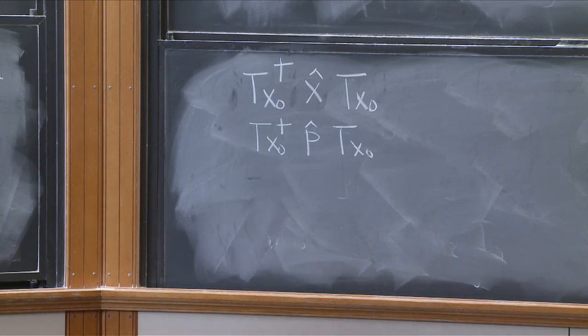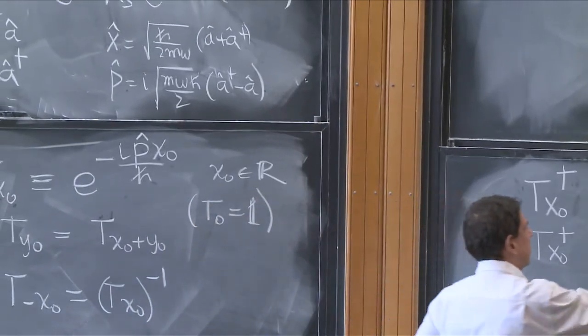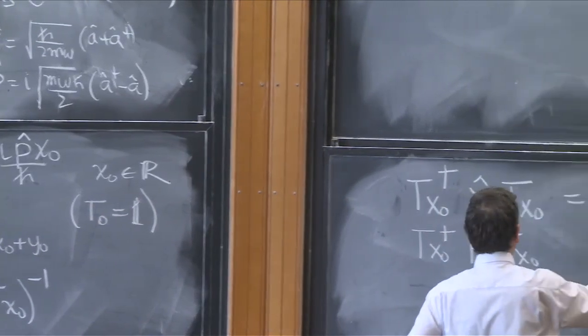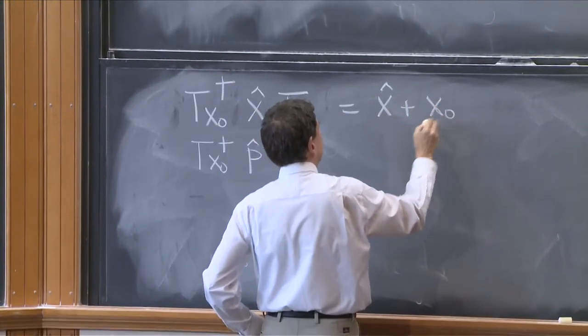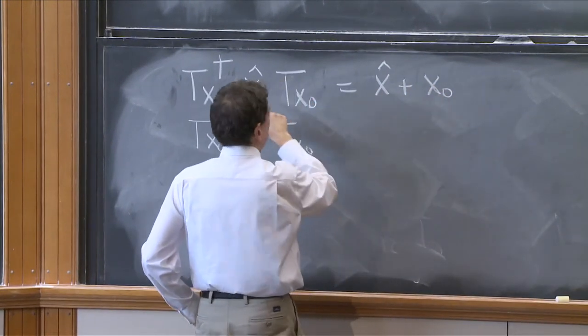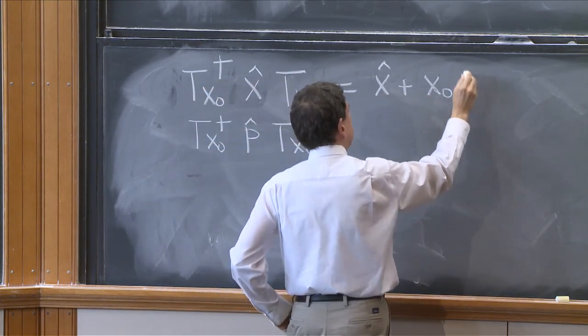It has a simple answer and a simple interpretation, as we'll see now. So what is this commutator supposed to be? Well, you can probably imagine what this is. You've calculated it in homework, so I will not do it again. It's x plus x0, so you get the operator x plus x0 times the unit operator.